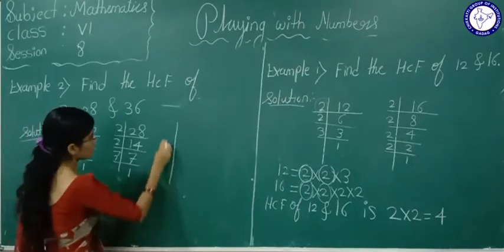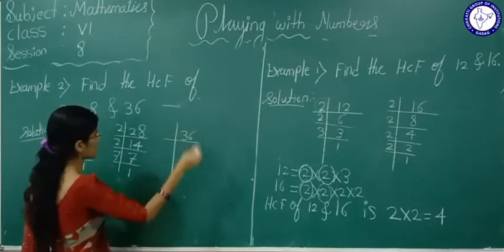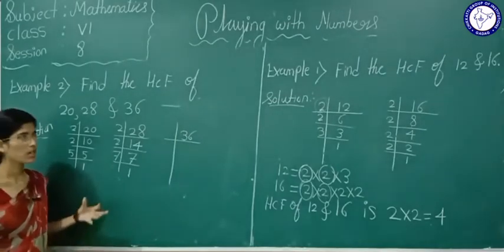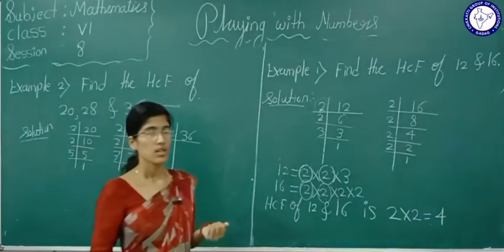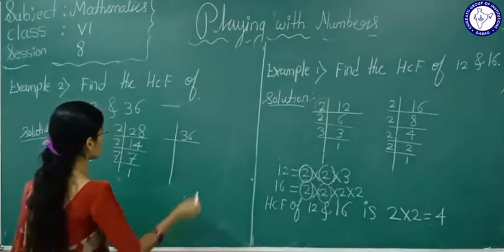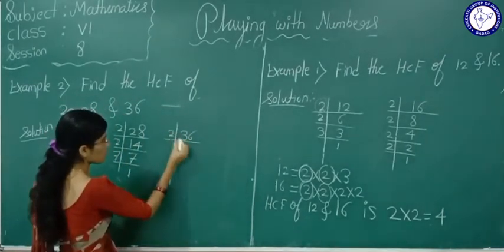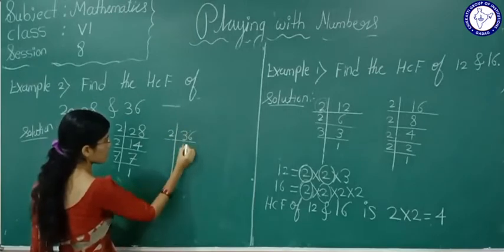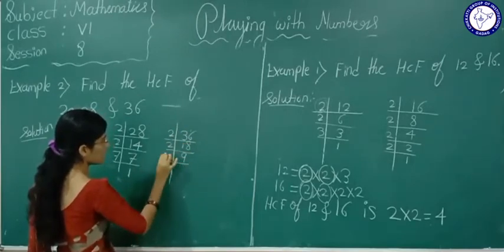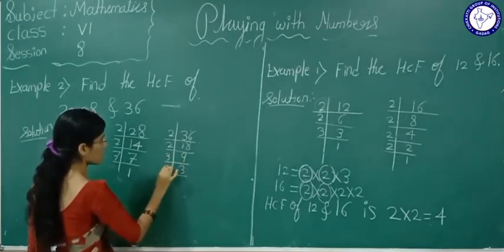In the similar way do the prime factorization of 36. Prime factorization means writing the number as the product of its prime factors. Now 36: 2 18s are 36, 2 9s are 18, 3 3s are 9, 3 1s are 3.